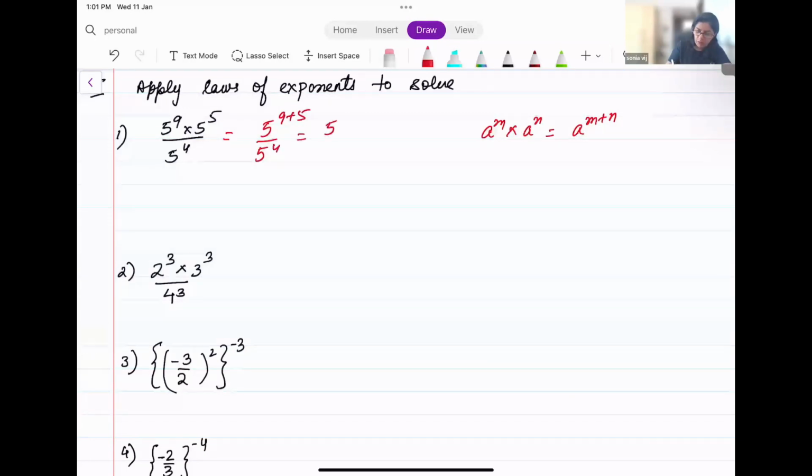This is 5 to the power 14 upon 5 to the power 4. Now, division law, a to the power m divided by a to the power n will be a to the power m minus n. And I just now told you, when we change the side of the number, if it goes from down to up, the power will become negative. So this will become 5 to the power 14 minus 4. That is 5 to the power 10. So this is your answer.